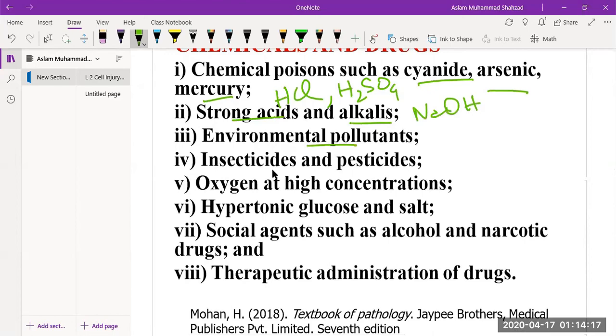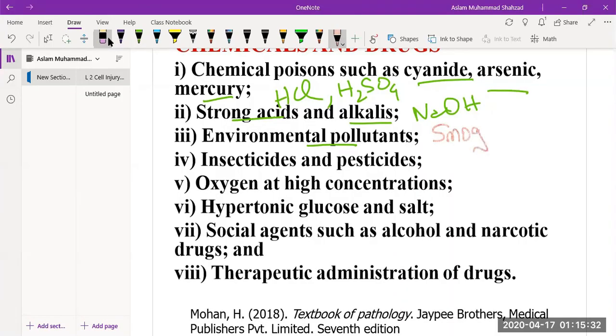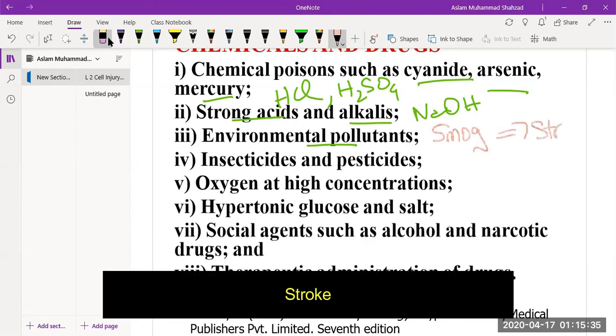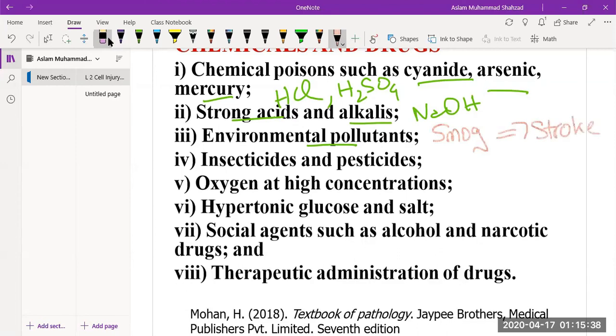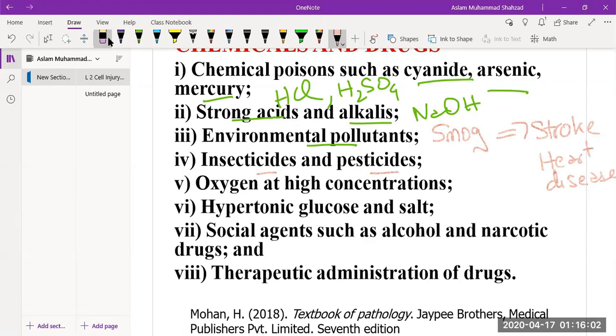Then we have environmental pollutants, for example, smoke, which can cause stroke or heart disease. According to the UN, more than 200,000 people die every year from pesticide poisoning.